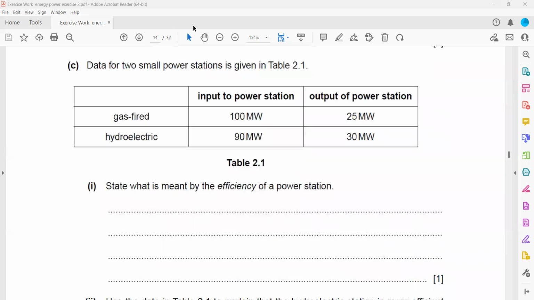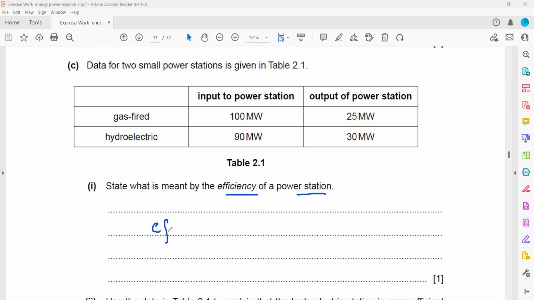Data of two small power stations is given in the table. What is meant by efficiency of a power station? The efficiency is how much useful energy is produced by the power station compared to total energy. You can even write a formula, they accept that.